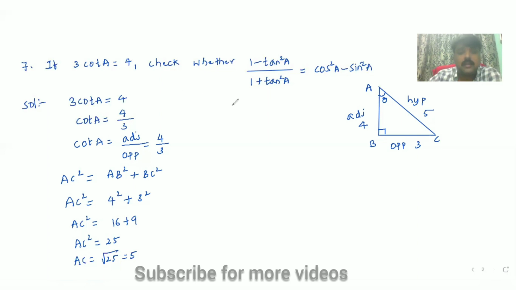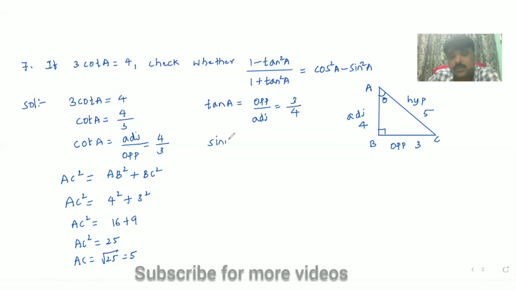Now, let us take LHS initially. Before taking the values of LHS, let's find the values of tan, sine and cos. Tan A equals opposite by adjacent, that is 3 by 4.